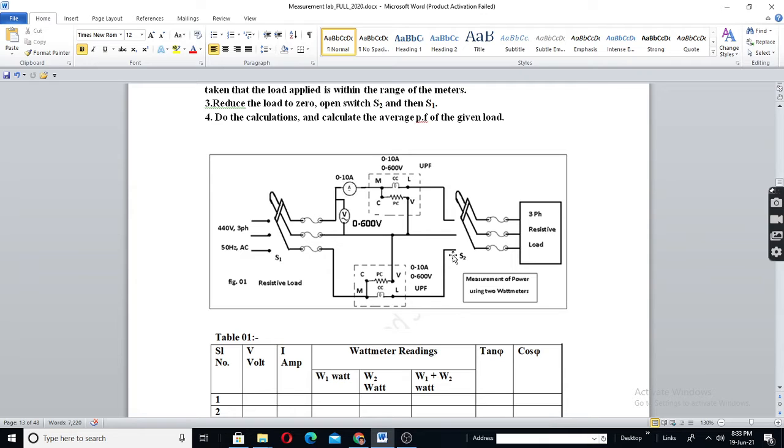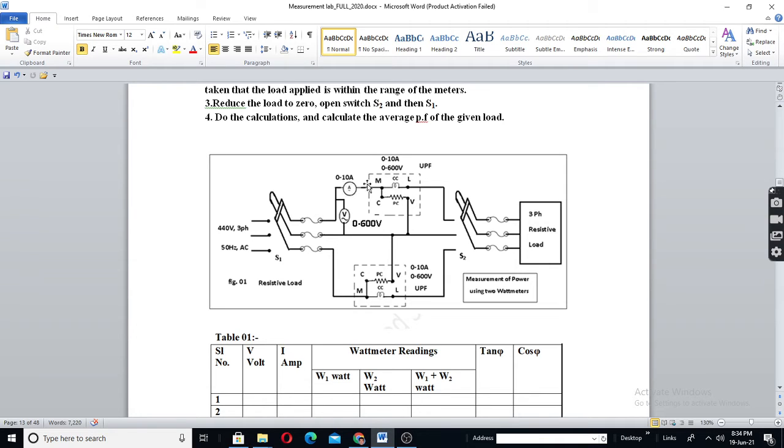To measure power in a three-phase circuit, you have three methods: using 3 wattmeters, using 2 wattmeters, and using 1 wattmeter. 1 wattmeter can be used only if the load is balanced. 3 wattmeters are used when there is neutral also. 2 wattmeters are used when there is no neutral.